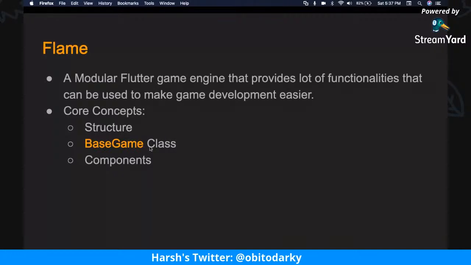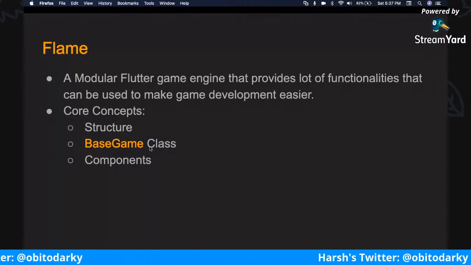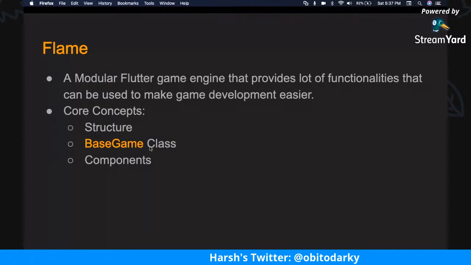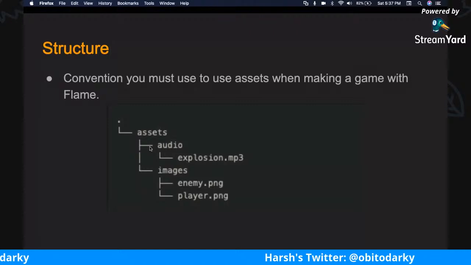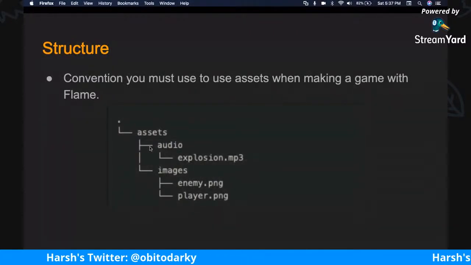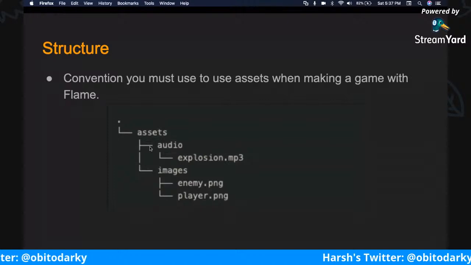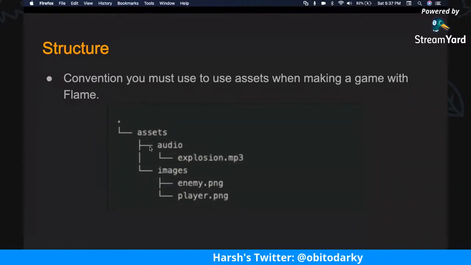So before we start, I'll be talking about some basic concepts of Flame. And the first one is structure. Structure is basically structuring your assets. Flame has a convention that you should use to put your assets.